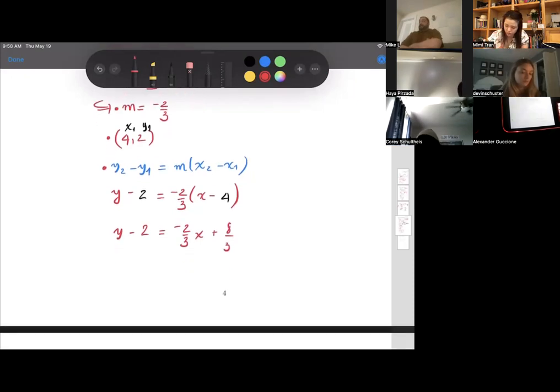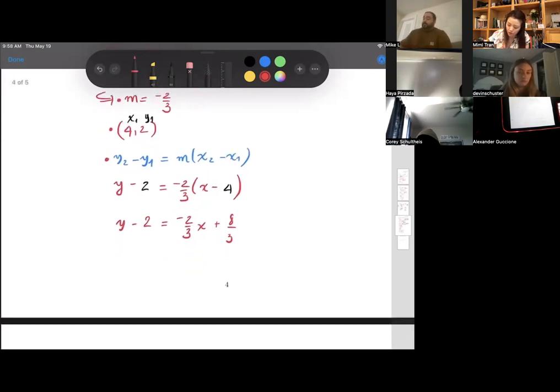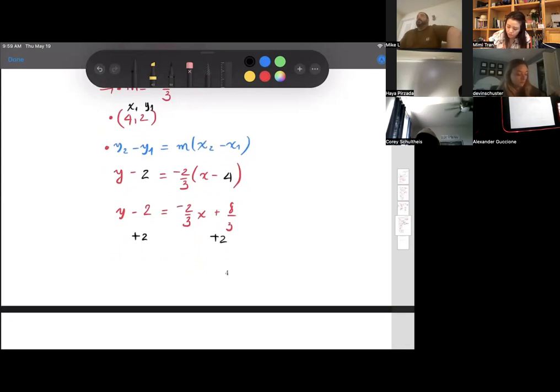Add 2. You can use calculators for this part. Add 2, that's gone. Right, so I have y equal negative 2/3 x, plus 8/3 plus 2.